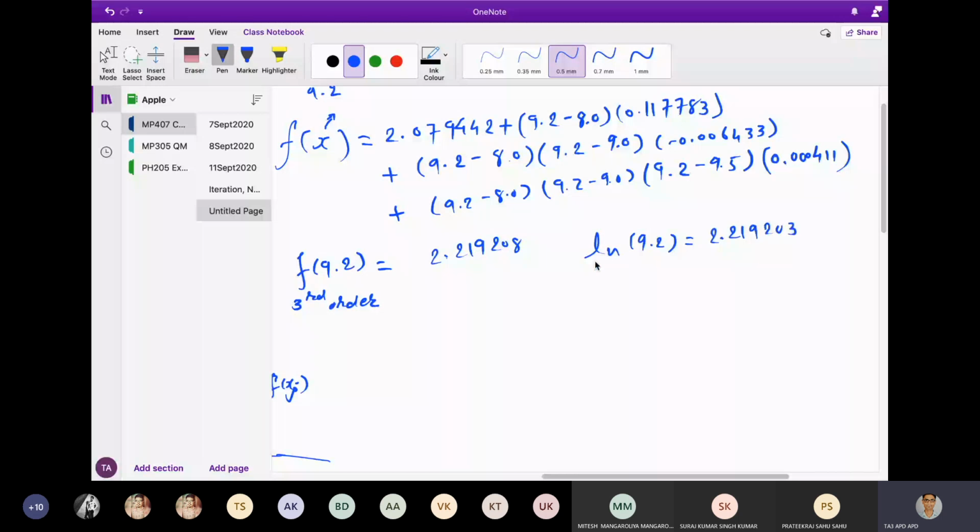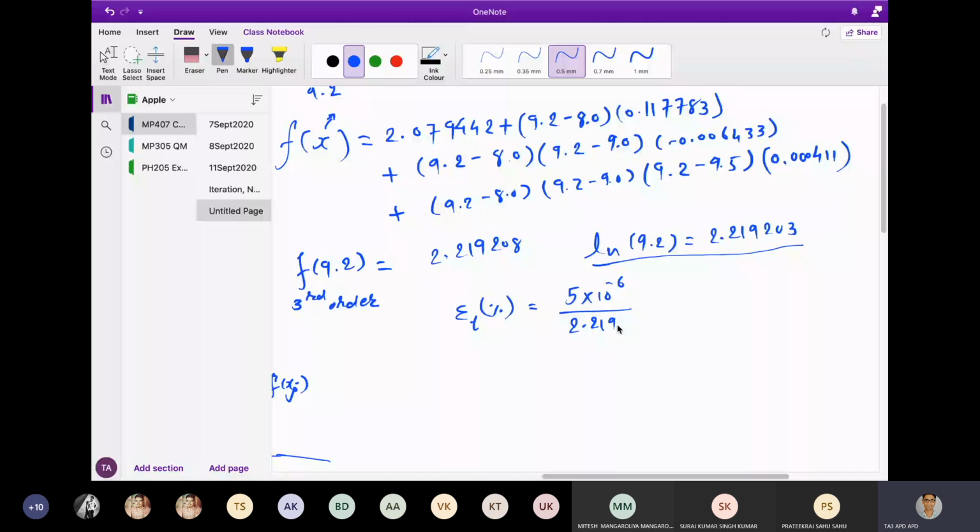So if we calculate the relative percentage error, true error, then what is the difference? So this is almost 5, 5 का difference है, so that means you have 5 into 10 to the power minus 6, divided by this value, 2.219203, into 100.